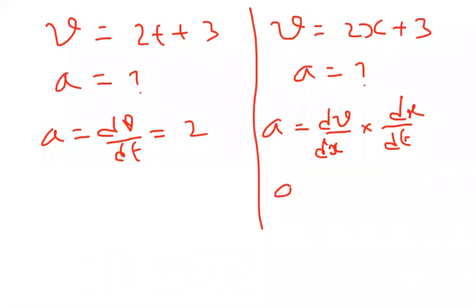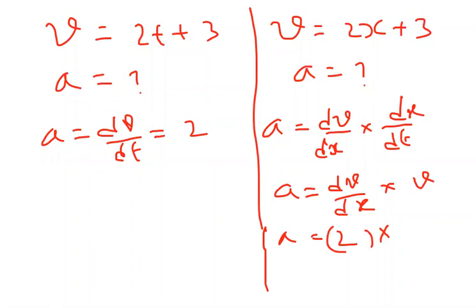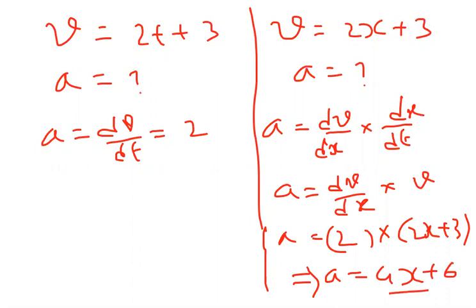So a equal to dv by dx into dx by dt, which is v. First, dv by dx with respect to x gives 2. Then directly substitute the v value, 2x plus 3. So a is equal to 2 into 2x plus 3 into 2, which is 4x plus 6. That is the acceleration. I hope now you are clear how to handle these differentiation situations.